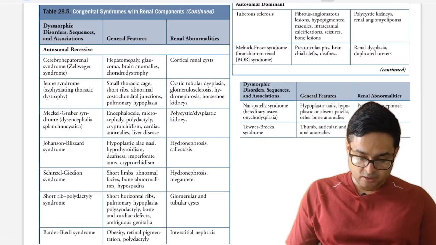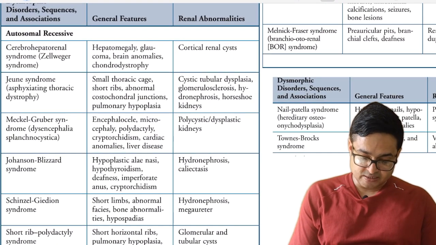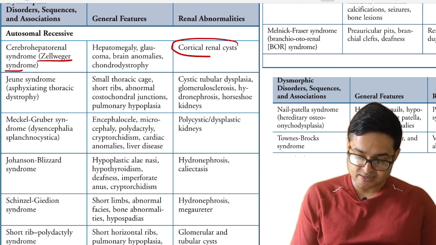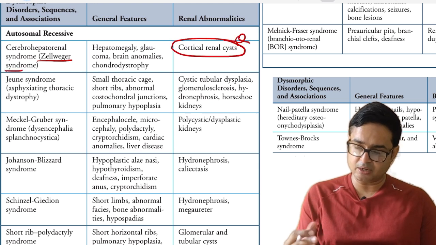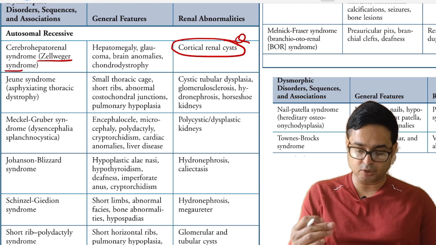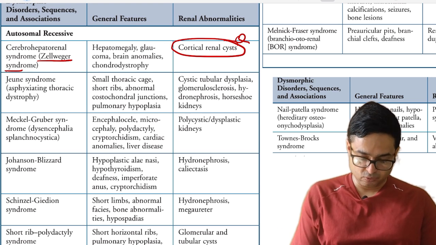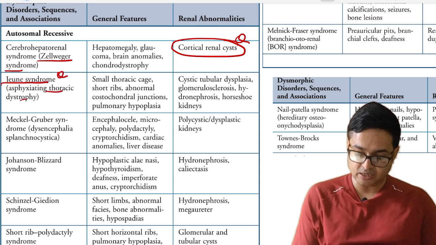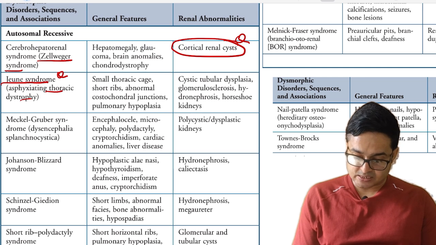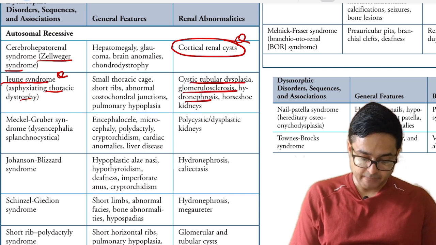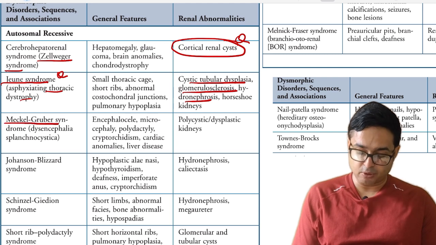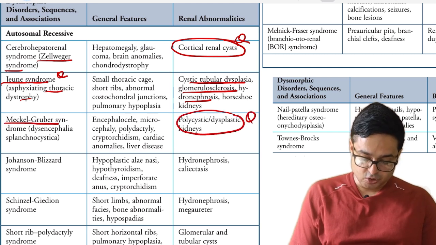Okay, Zellweger syndrome, that is cerebrohepatorenal syndrome. Cortical renal cysts are found. I'll discuss important renal manifestations only. If you want to go through general features, you can. Jeune syndrome, it was a previous NEET question also. Asphyxiating thoracic dystrophy, what is found in kidney: cystic tubular dysplasia, glomerulosclerosis, hydronephrosis. Meckel-Gruber syndrome: polycystic or dysplastic kidney.